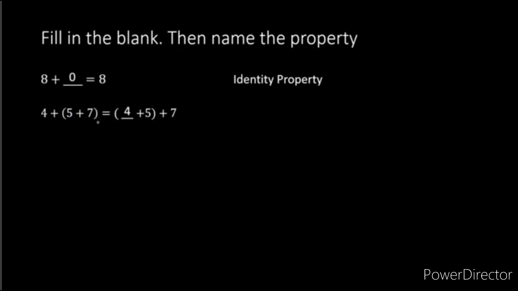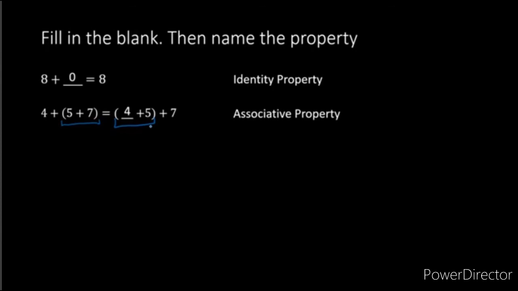And then notice what's changing in this equation. What's changing is the grouping. Here we have the 5 and the 7 grouped together, and then on the right side, we have the 4 and the 5 grouped together. So the grouping is what's changing, and that would be your associative property because we're changing the association or the grouping of the numbers.